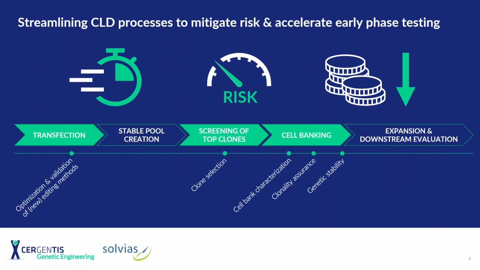Therefore, the rapid and successful commercialization of your products will require you and your team to think about risk mitigation strategies early on and balance time and resources appropriately, in order to facilitate early phase testing, minimize time to clinic, and keep costs down.